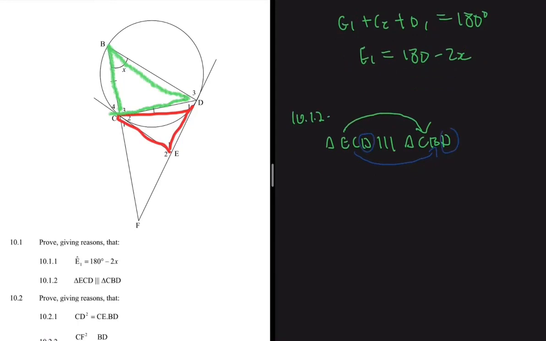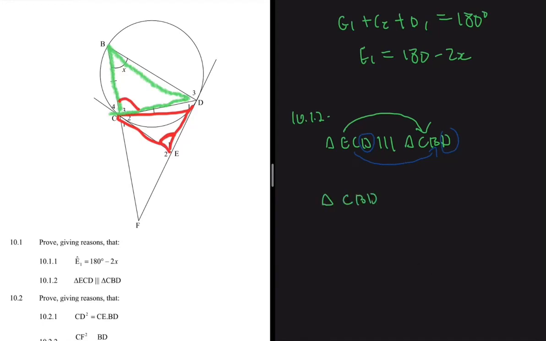So let's start with angle E in triangle ECD. Angle E in triangle ECD is here, right? It's E1. We know that it's 180 minus 2x. So we're saying that angle E should be equal to angle C in triangle CBD, so it should be equal to this angle. And indeed they're equal, because I want you to realize something.